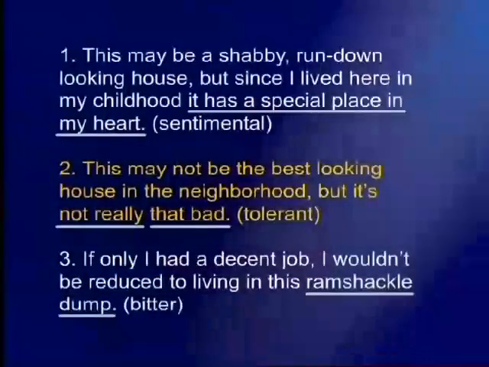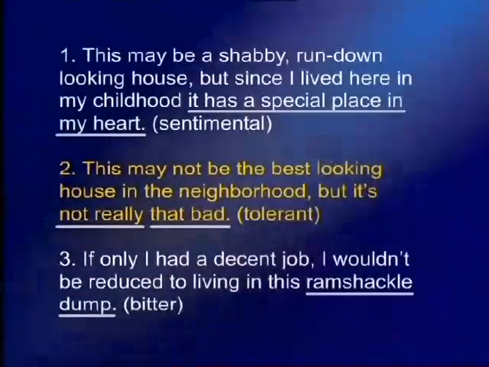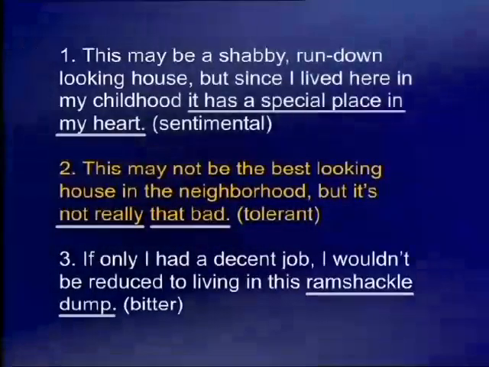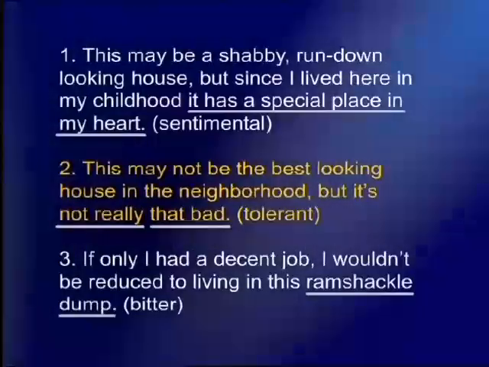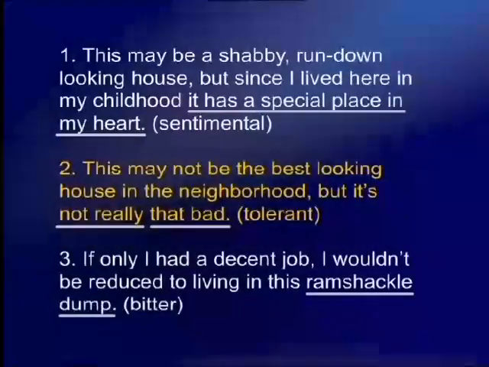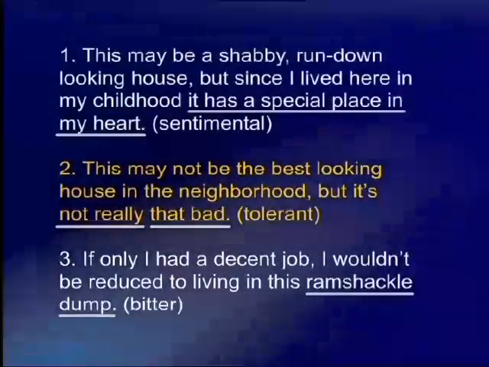Statement number 1. This may be a shabby, run-down looking house, but since I lived here in my childhood, it has a special place in my heart. Now notice that there is a special tone, because of the use of the words, it has a special place in my heart.